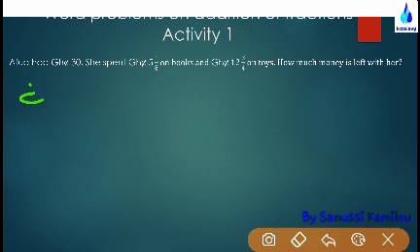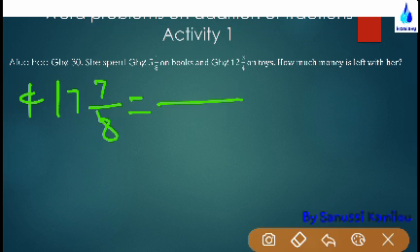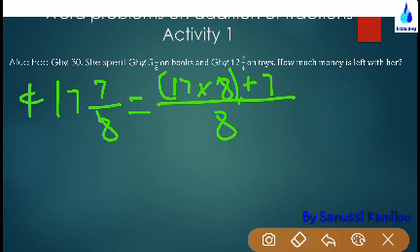We got our answer to be 17 whole number 7 over 8, and if you change it into an improper fraction, it is 17 times 8 plus the top 7 over 8. So let's do our calculation. 17 times 8 will give us what?